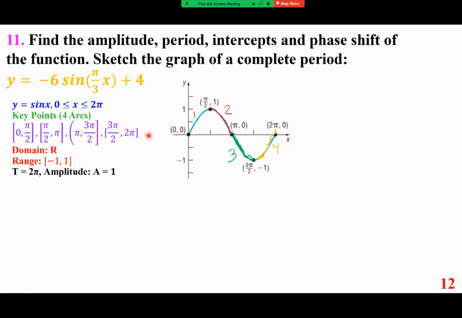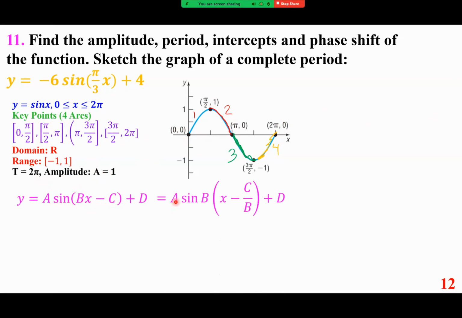The domain is all real numbers because it continues indefinitely on both sides. This is a complete cycle. T is 2 pi, and amplitude is 1 for a basic sine function. A general format is a times sine of bx minus c, in which case you must take the b out. A is the amplitude.